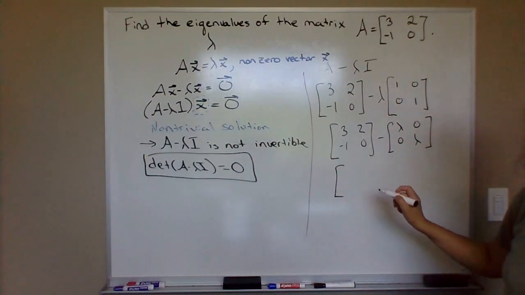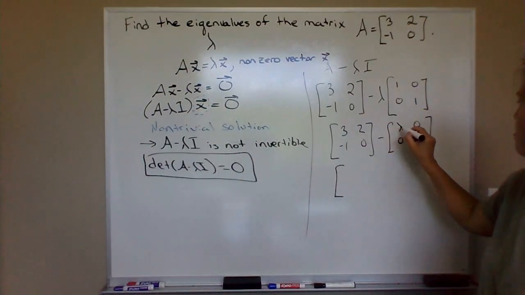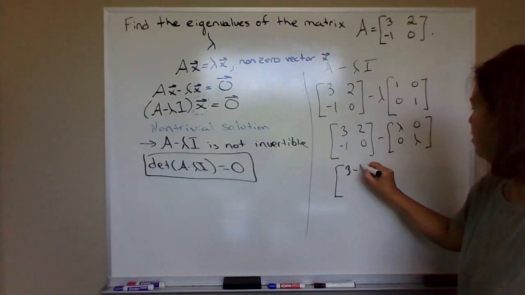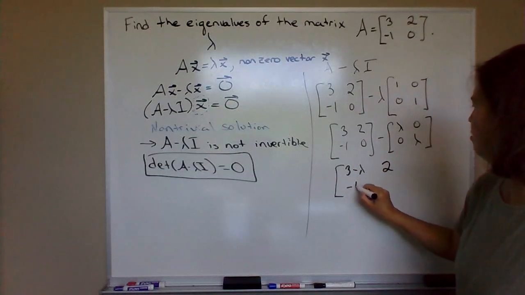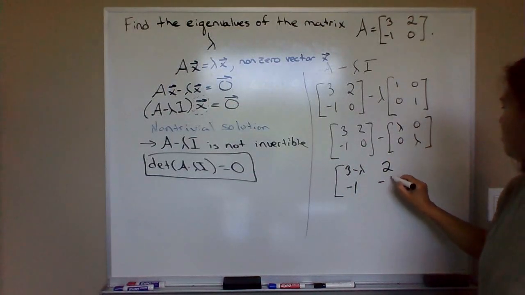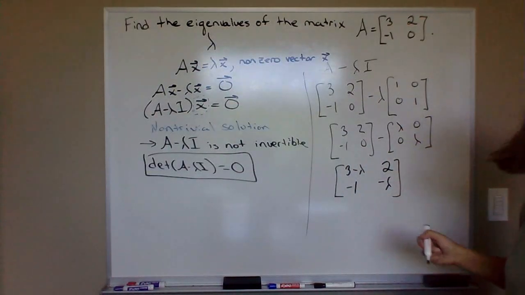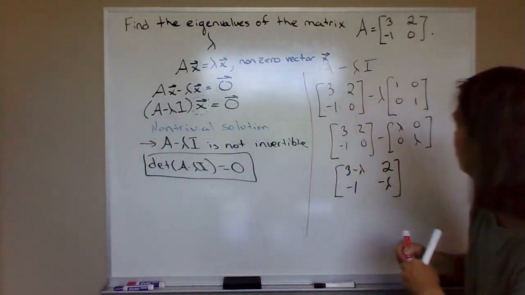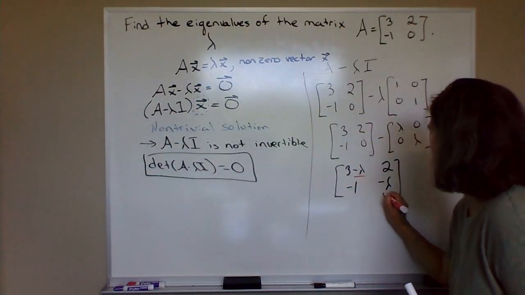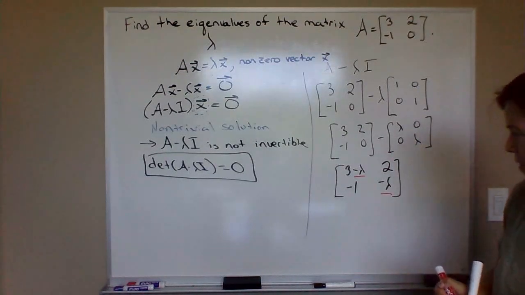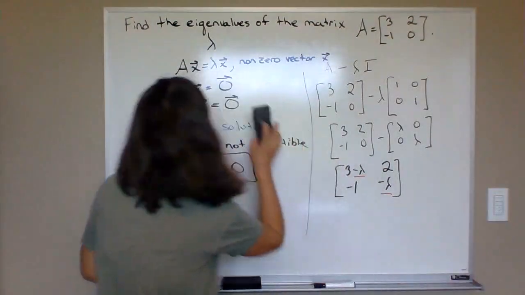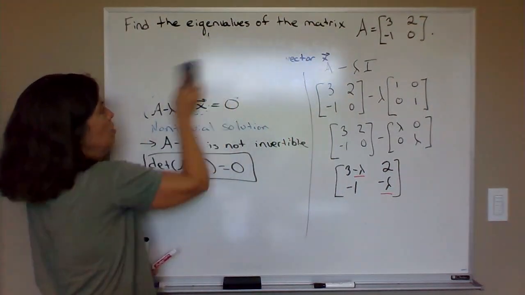And so if you subtract the corresponding entries, you have 3 minus lambda, 2 minus 0, negative 1 minus 0, and 0 minus lambda. What's going to happen every single time is you end up just subtracting lambda along the diagonal, and everything else stays the same.